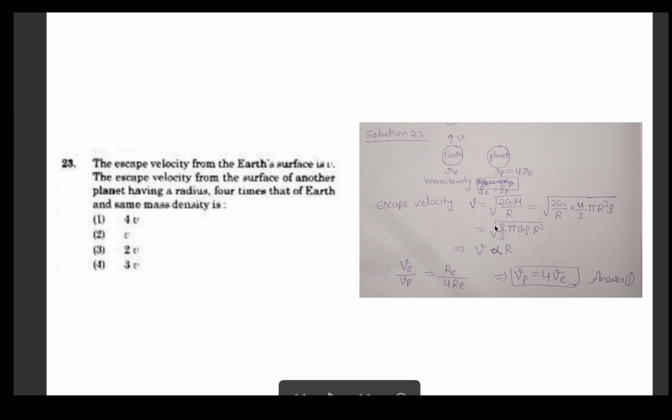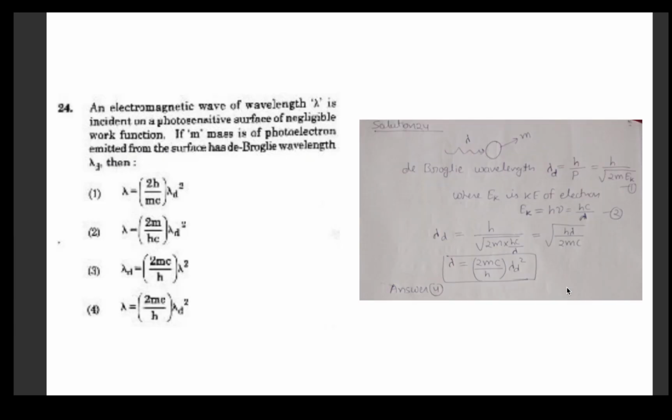So the escape velocity is directly proportional to the radius of the planet. When we solve for the escape velocity of Earth and the planet, the answer comes out to be that the planet's velocity is 4 times the Earth's velocity. So our first answer is the right answer.